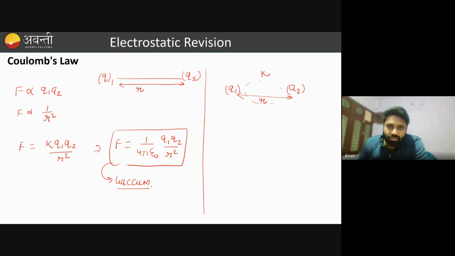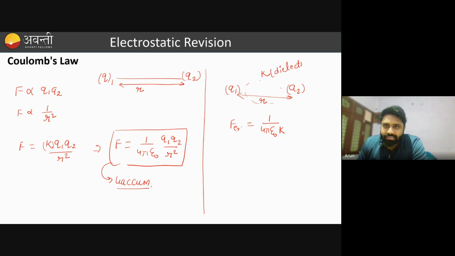The force experienced here, I'm writing the formula, is 1 upon 4 pi epsilon naught k, where k is the dielectric constant. Do not confuse it with the earlier k; that one is the constant and this is the dielectric constant.